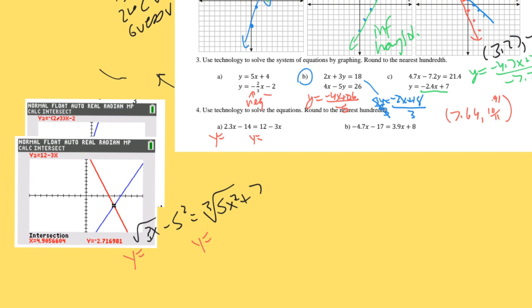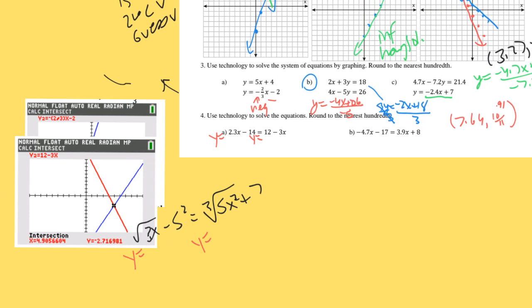But the answer to this question is going to be 4.9. Because look at this picture down here on the left. It's going to be when y is 2.7. The value that makes these equations true would be when x is 4.91, and they would both equal 2.7. So the y we just ignore because we don't really care. We falsely put it into an equation situation to say, hey, I can use this to solve for x.